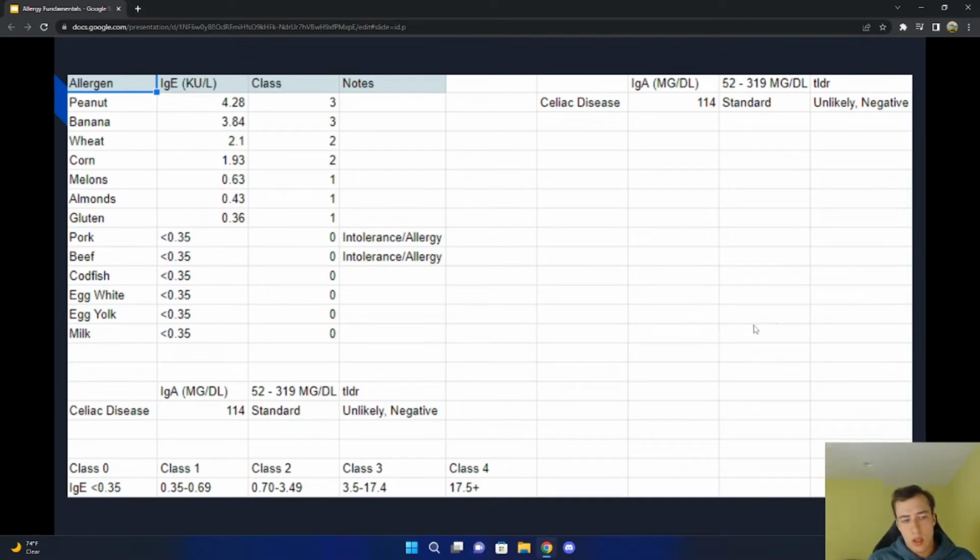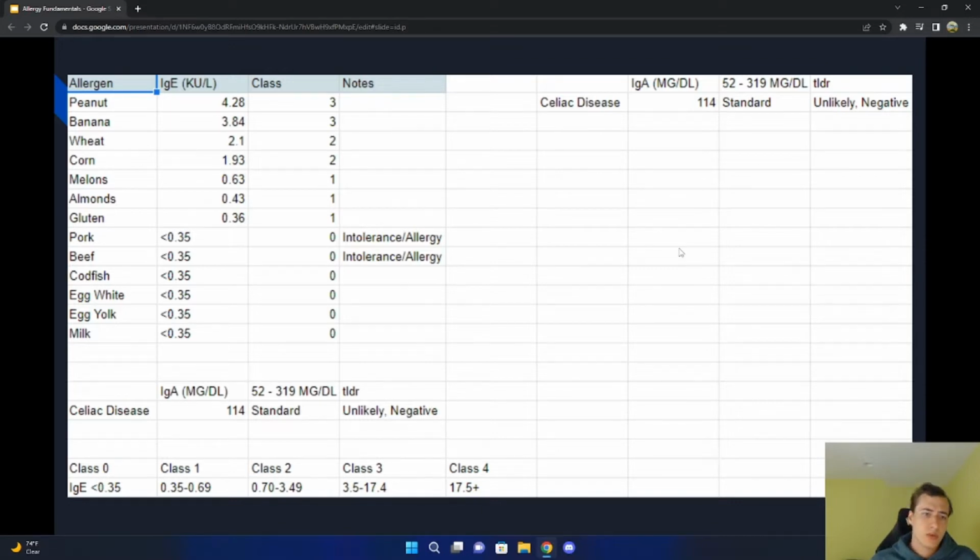So this is a basic report. If you go to the doctors and you get an allergy test, they'll test some different allergens and they will come back with some different scores, and it's hard to understand.